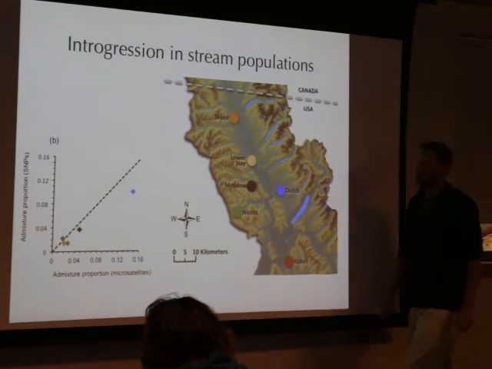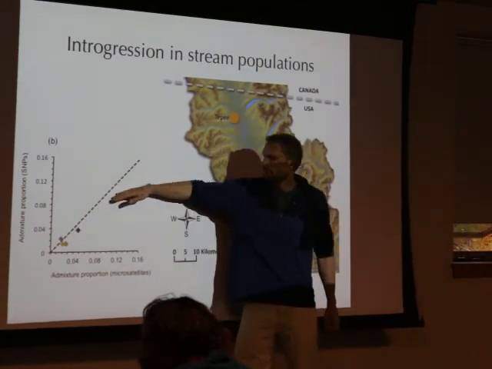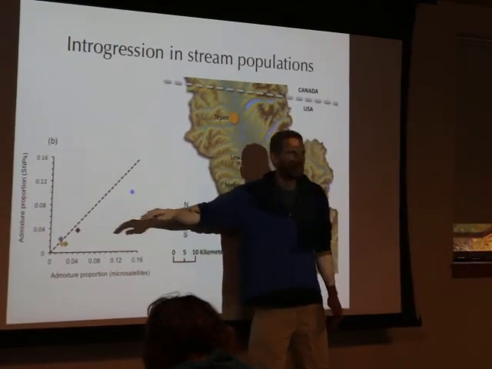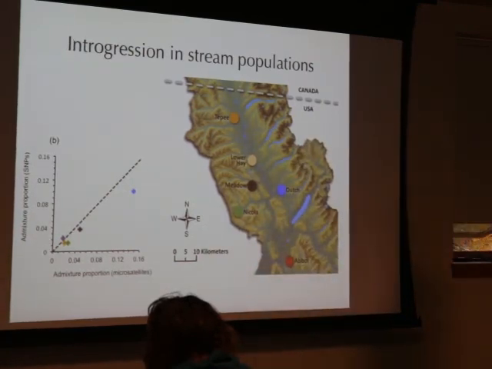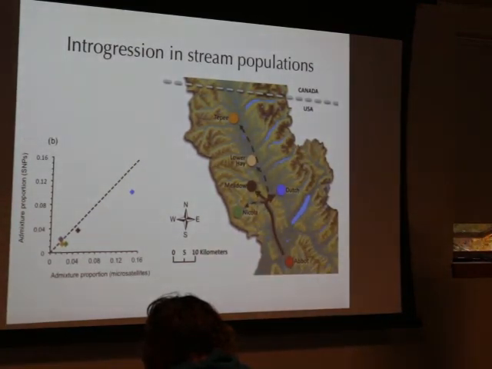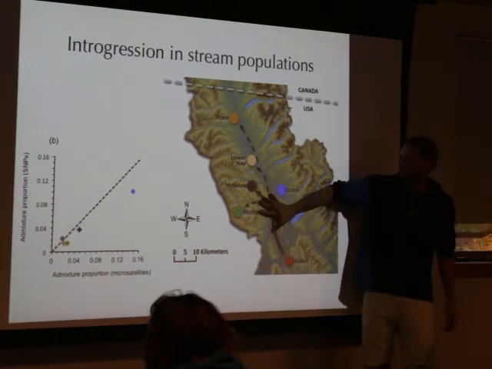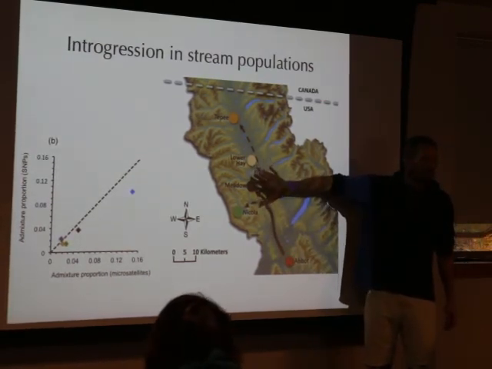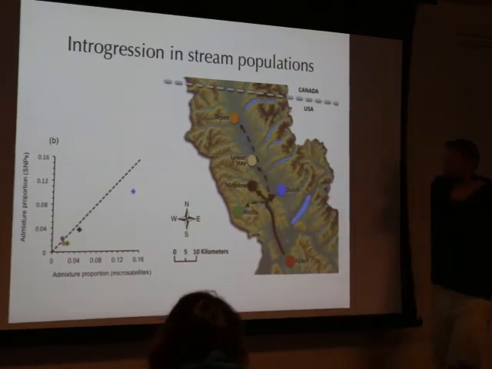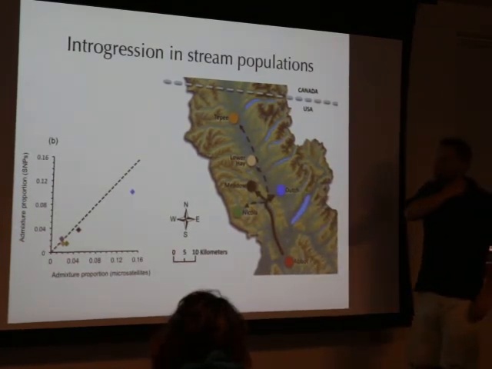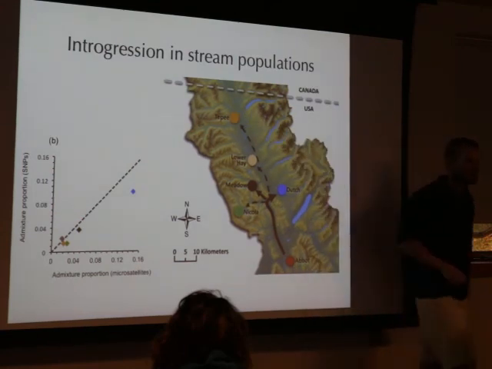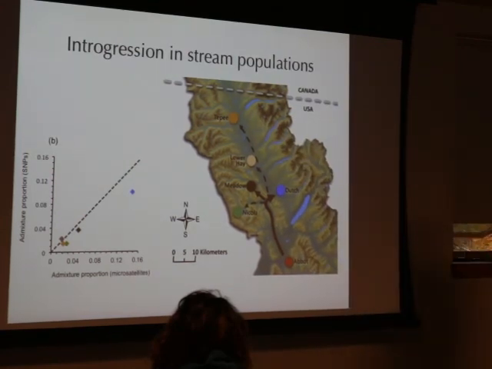One nice thing is that our estimates agreed pretty well with previous microsatellite estimates at the population level. And it follows this general picture of introgression from rainbows flowing up into the river basin, so that the least admixed population is this one here that's farthest up.